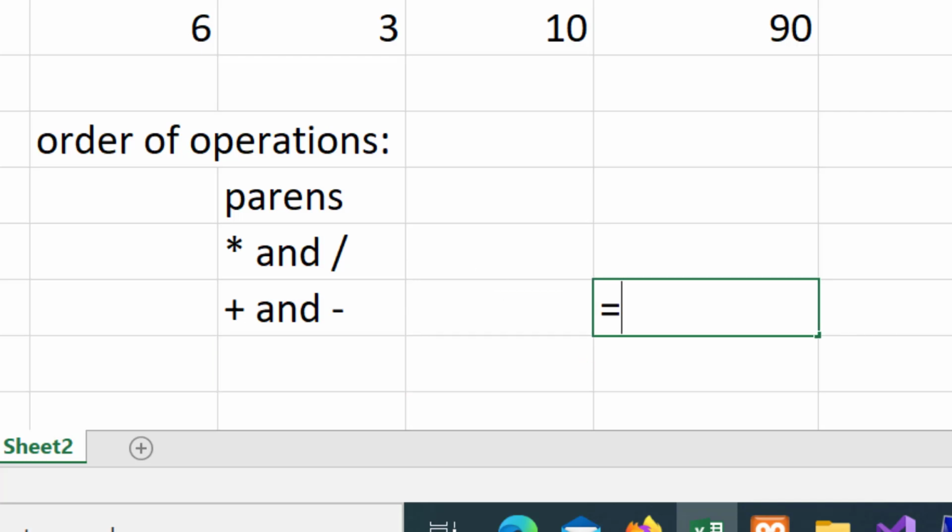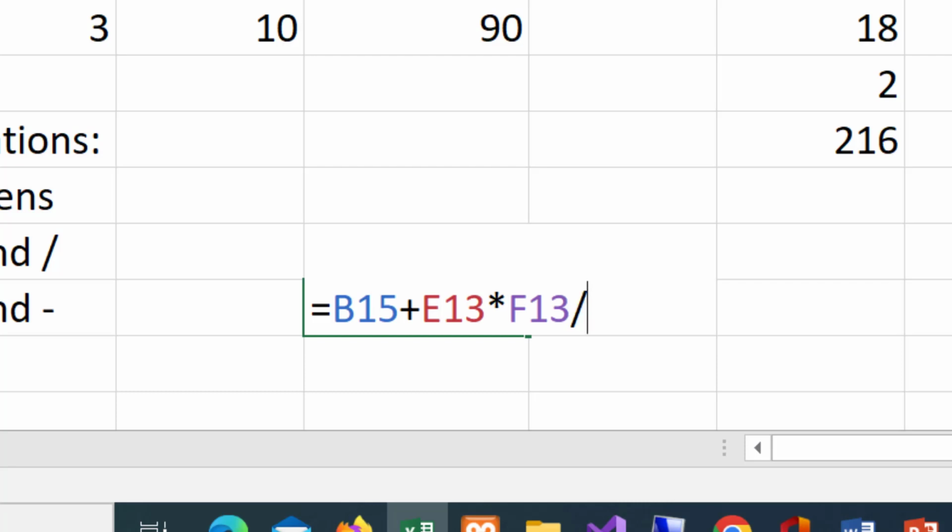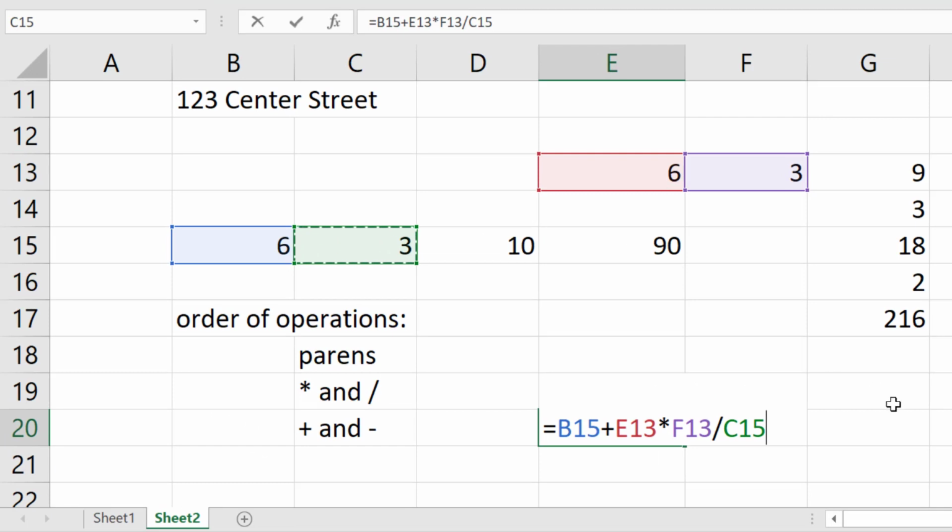If I have a formula that says equal to B15 plus E13 times F13 divided by C15 minus D15, what order would those things happen in? As I look at it, it's going to go left to right with multiply and divide first.